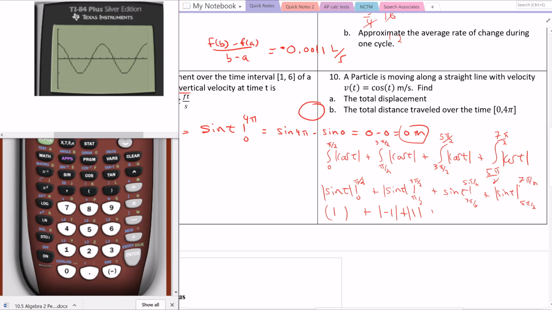Then this one is sine of 5 pi over 2, which is 1, minus negative 1. And this last one is again 1 minus 1.